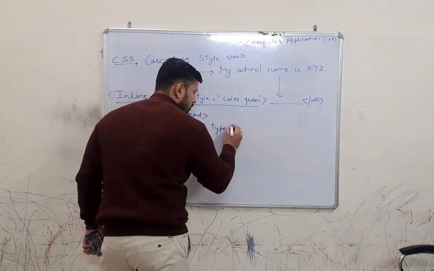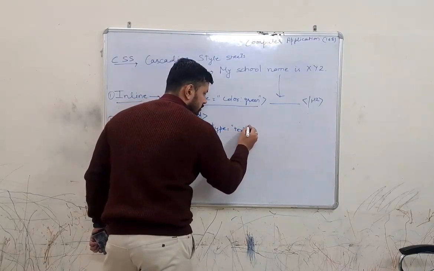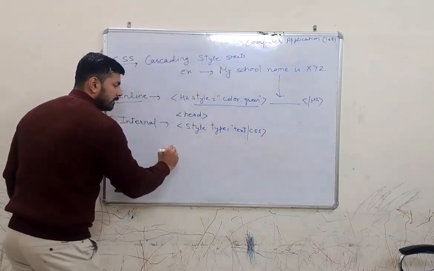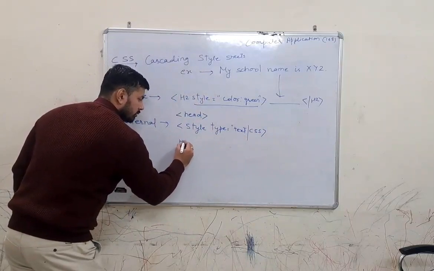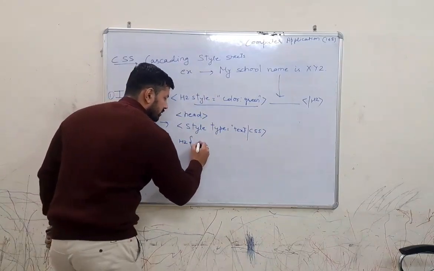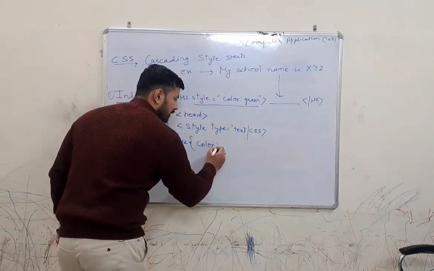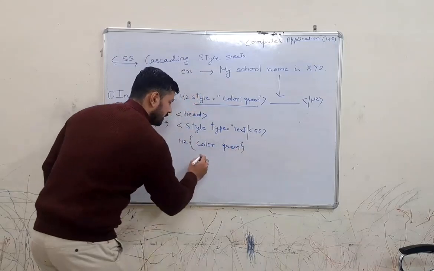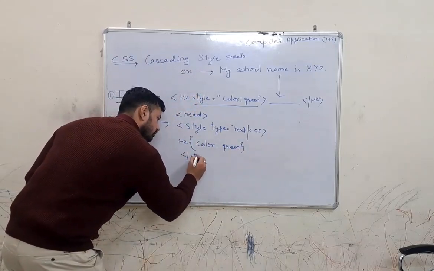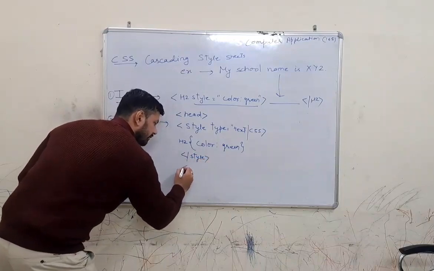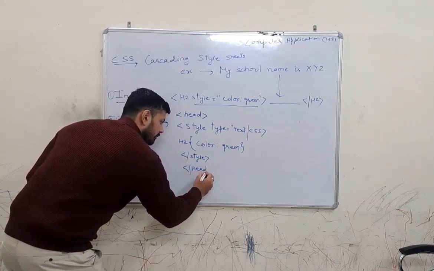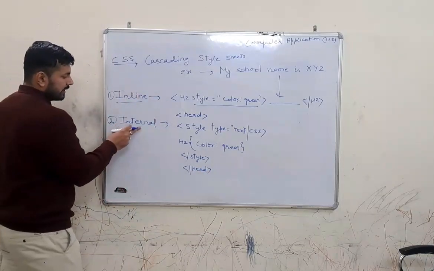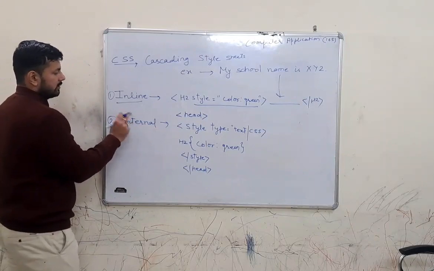Type is text/css, and then we will choose selector, and then we will choose property, then we will choose value, then we will end the style tag, then we will end our head tag.